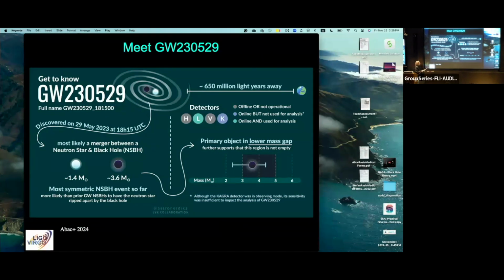The range for the black hole mass, we don't know it's a black hole, but it is sort of above 3 solar masses. The range is between basically 2.5 and 4.5 solar masses. The peak, 3.6 solar masses.